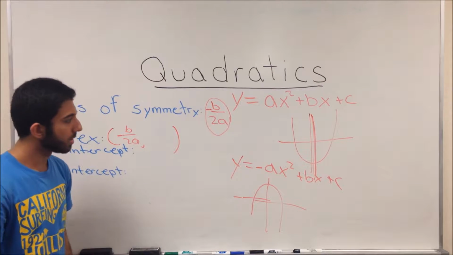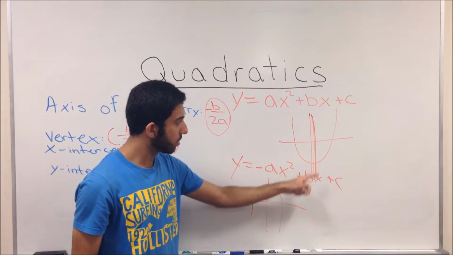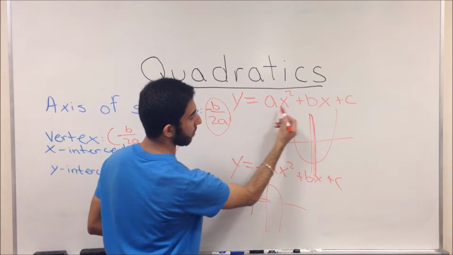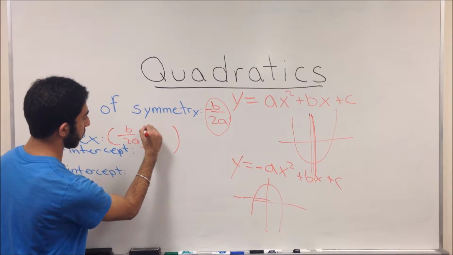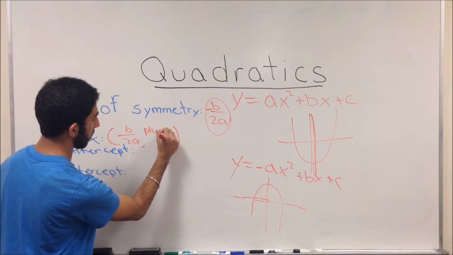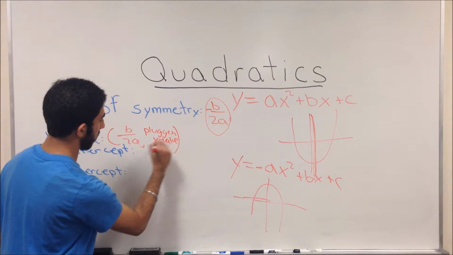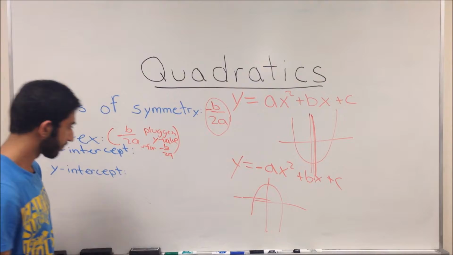So for instance, if I get 2 for your axis of symmetry, you will plug in 2 for x inside these, and whatever value you get for your y value is your answer. So this will be your plugged in y value for negative b over 2a.